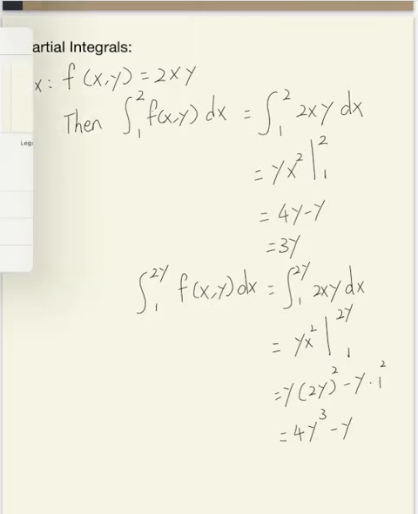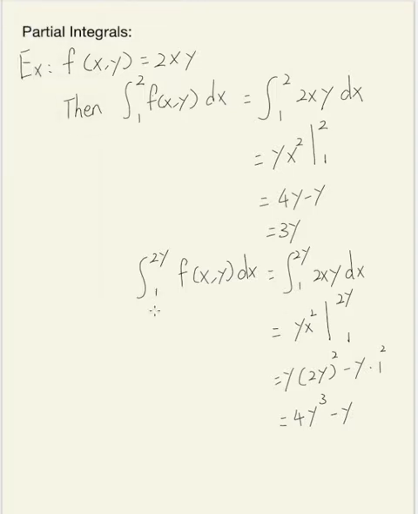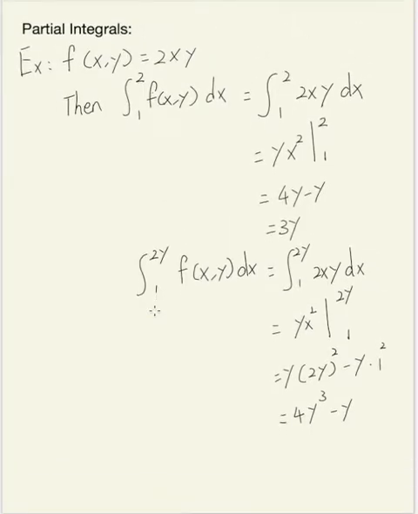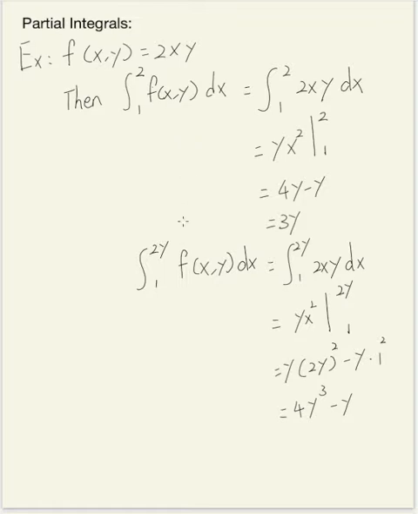Okay, so keep in mind that when you're taking partial integrals, the boundaries can depend on the variable that you are not integrating over. Okay, but for example, if you write 2x in the boundary, then it doesn't really make sense because you're integrating with respect to x. Then x cannot be in the boundary, but y is fine.